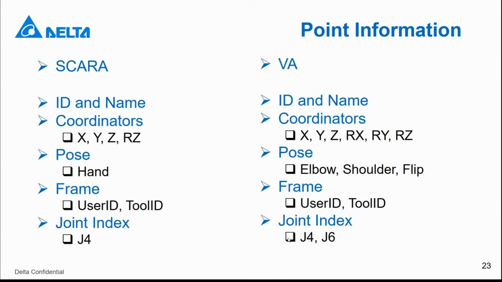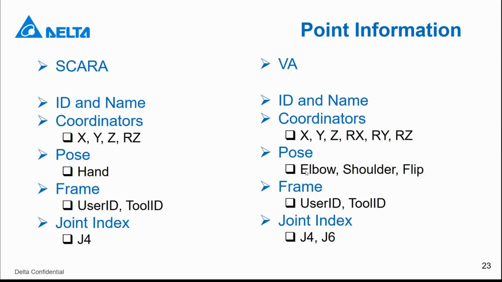And on the right side, it's practically the same, but for the VA robots, which have 6 degrees of freedom. So we need to record all 6 coordinates, like X, Y, Z, and the rotation angles. Also for the pose, because for VA we have elbow, shoulder, and flip. Flip means the wrist part.